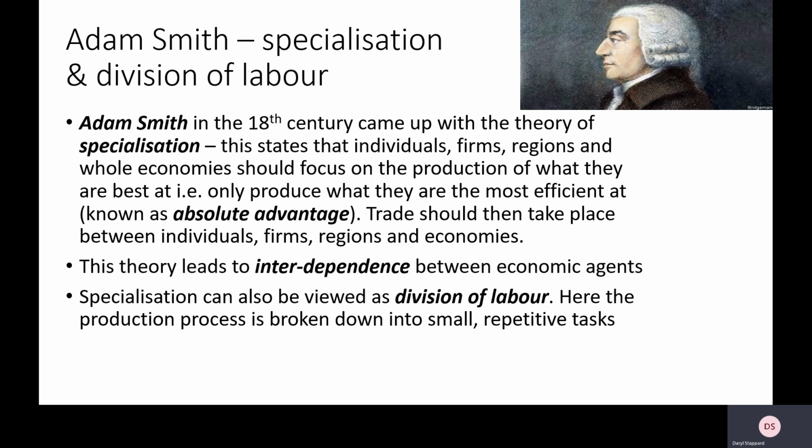It could be in McDonald's, somebody that their simple job is to cook the burgers. Someone else's job might be to toast the bread buns or cook the chips, etc. So that means that no individual is making a complete product. They're working on one small aspect of the production of a particular good or service.